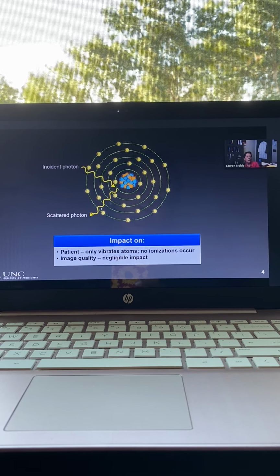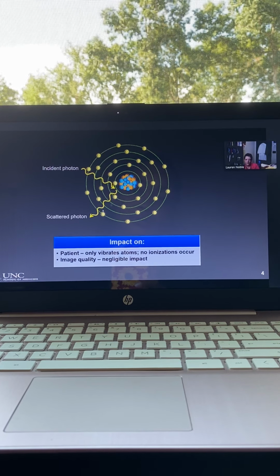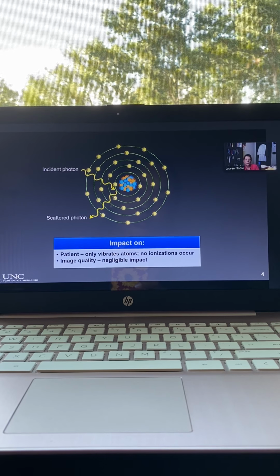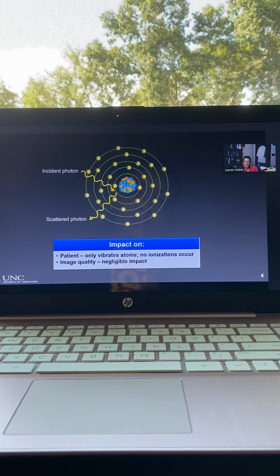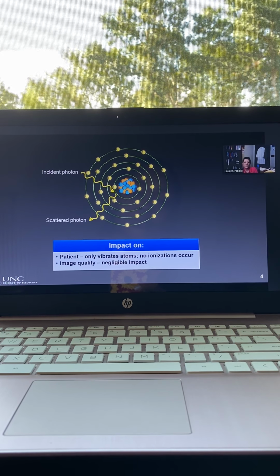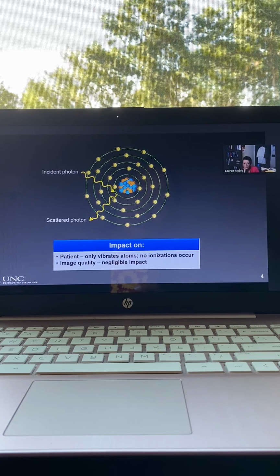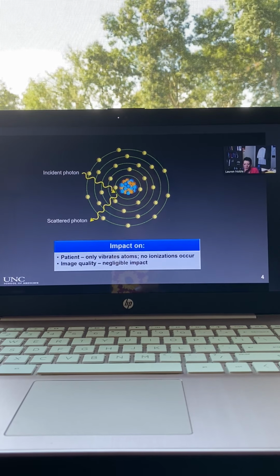But what do you notice about this scattered photon? Look at the wavelength and the frequency, and compare it to what it had when it entered. Is there any change, or is it the same? It doesn't lose anything. It's identical.